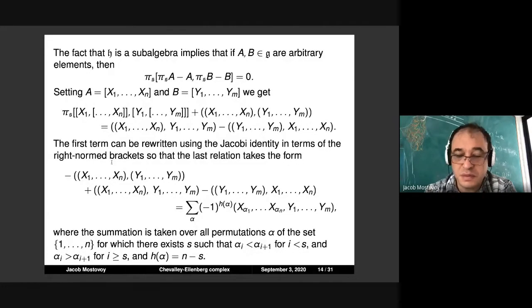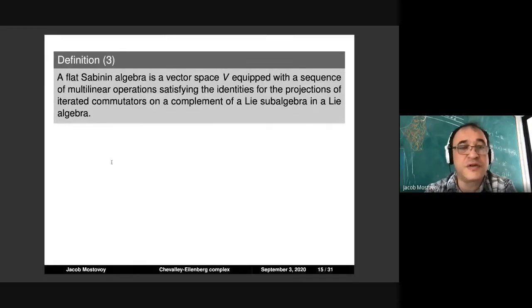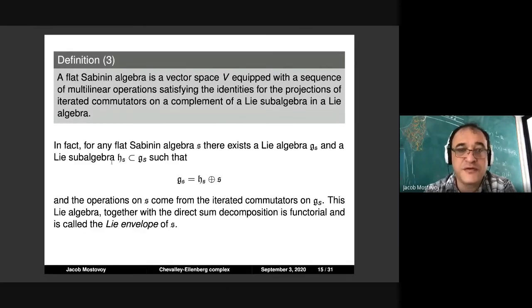So the third definition is to put these identities as the defining identities of a Sabinin algebra. Any Sabinin algebra can be realized as a complement of a subalgebra in some Lie algebra. And this construction is functorial, actually.